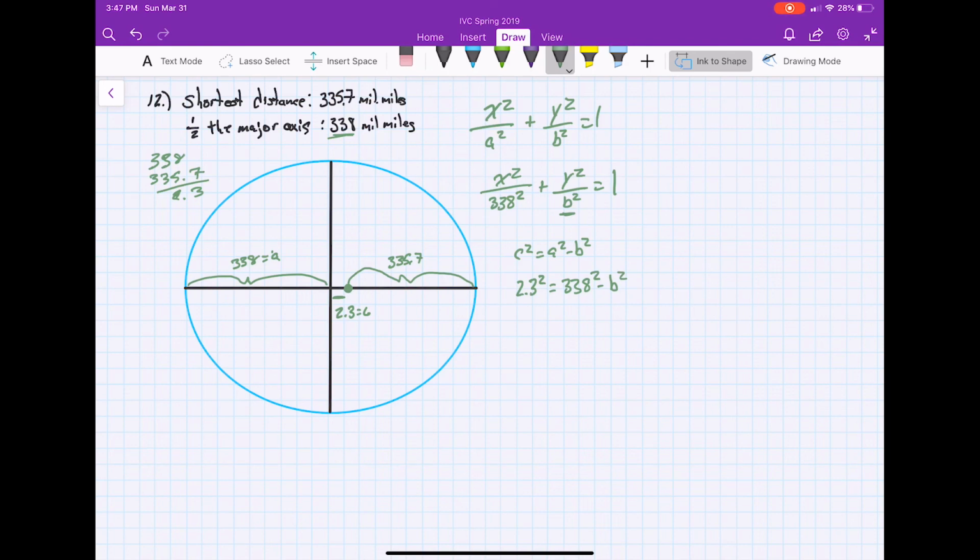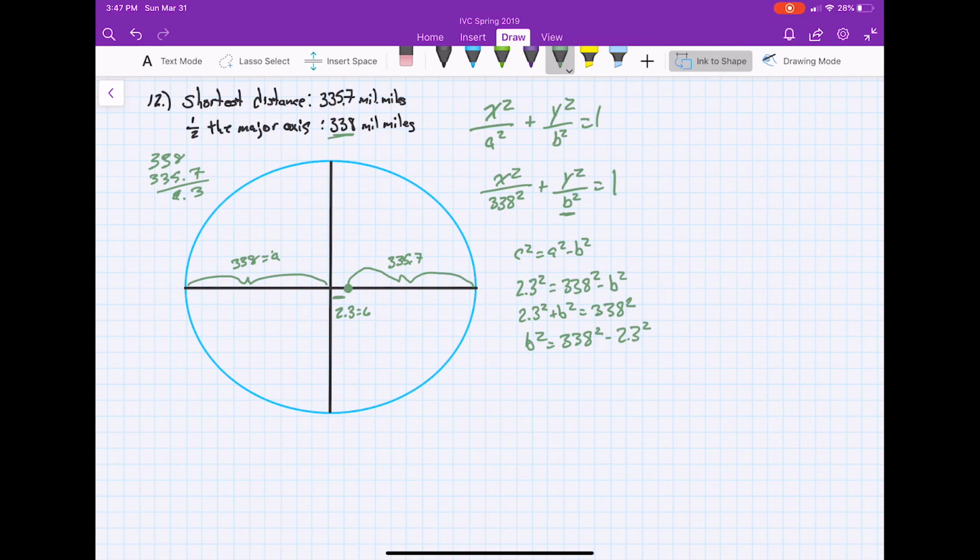Now, we'll shuffle this around. I don't like having to deal with the negatives, so I'm going to shuffle b over. I know this ends up meaning I have one extra step, but it just makes it so I know that I get it correct. So 2.3 squared plus b squared equals 338 squared. Now I have b squared is equal to 338 squared minus 2.3 squared.